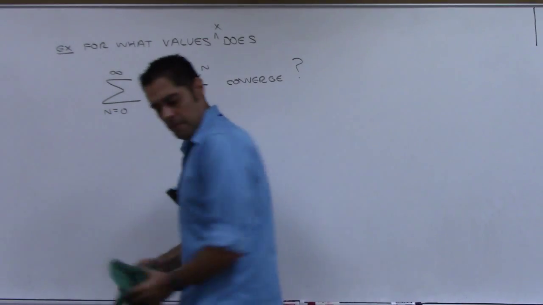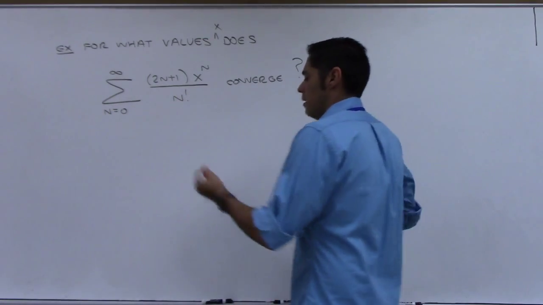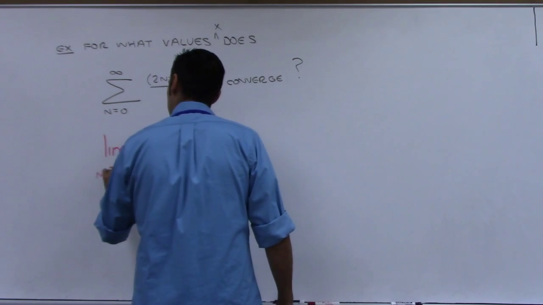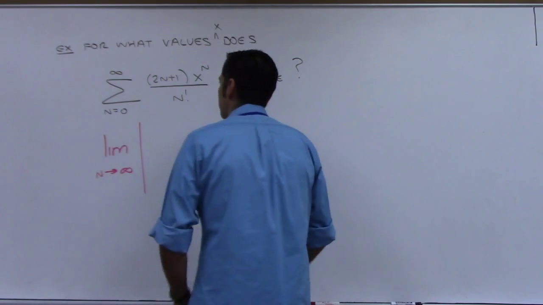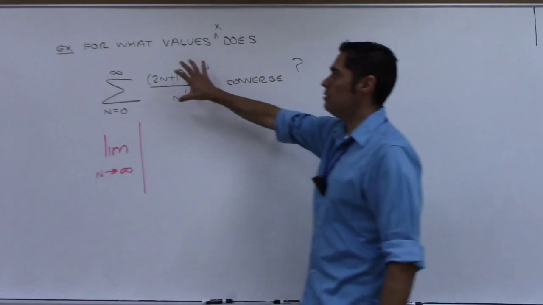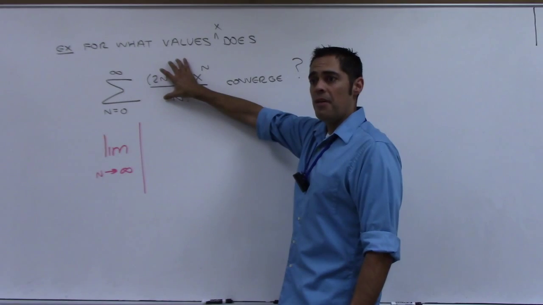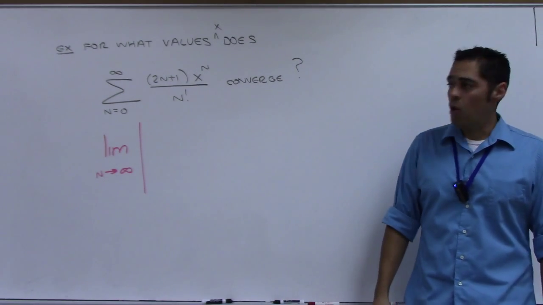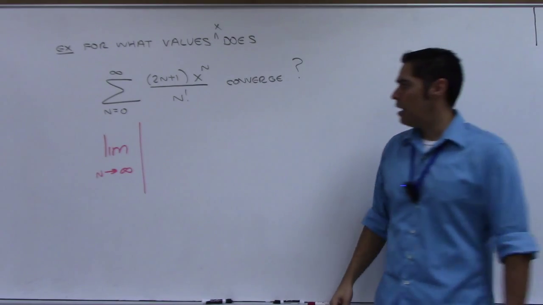All right, here we go. I'm going to set up the limit as n goes to infinity, absolute value. Now, a sub n plus 1 is this expression, the entire thing with n plus 1 plugged in. I hope we've done this enough that you can follow my next line.